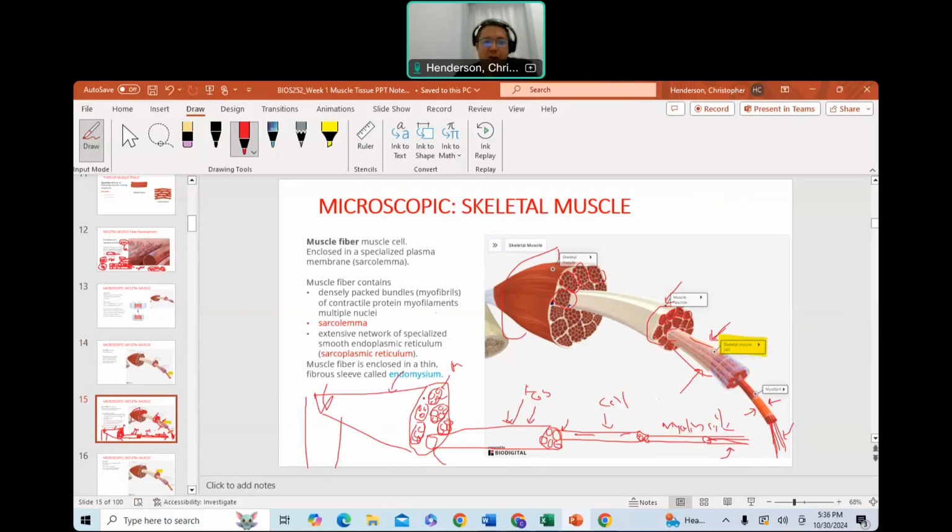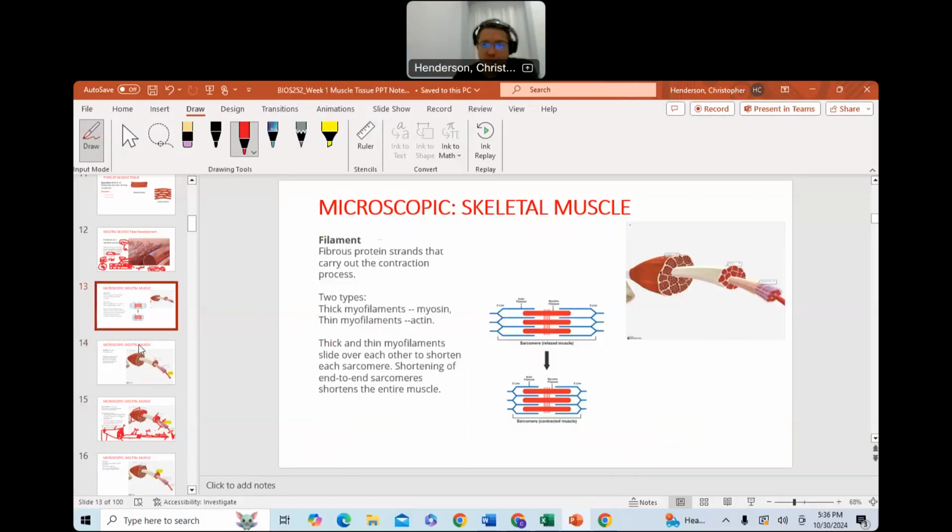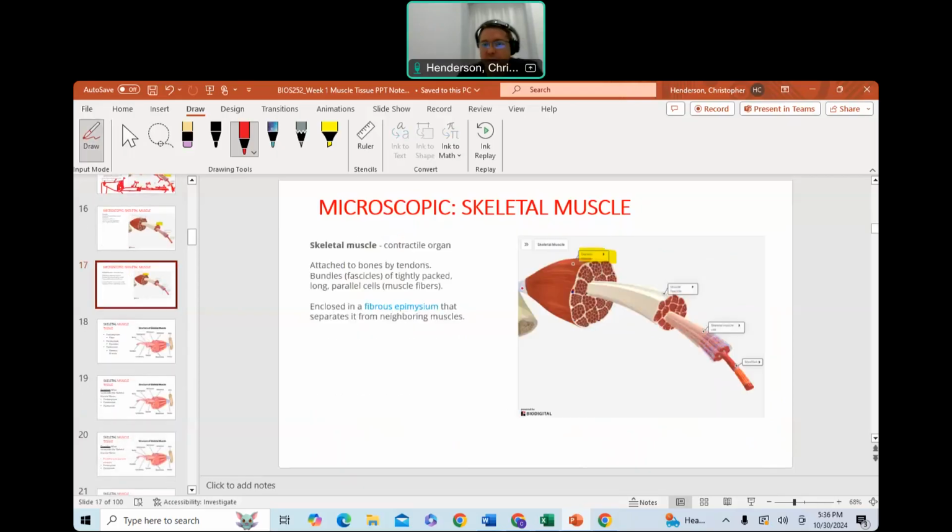Okay, so now there are coverings that go over all of these things. Let's start from the top. You've got the whole muscle. What is the whole muscle made out of? It's made of fascicles.